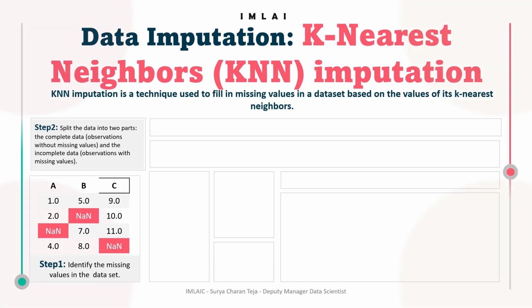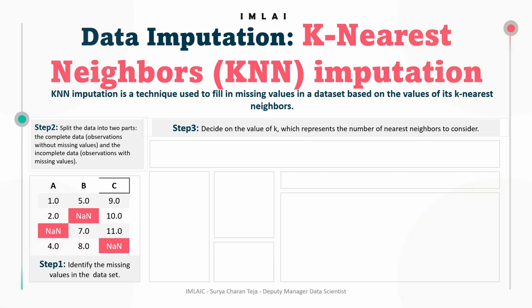Then once you split the data into complete and incomplete data, we need to move on to the third step. Step 3 is choosing the K value. So decide on the value of K which represents the number of nearest neighbors to consider. How many nearest neighbors do you want to consider? That value we have to decide.